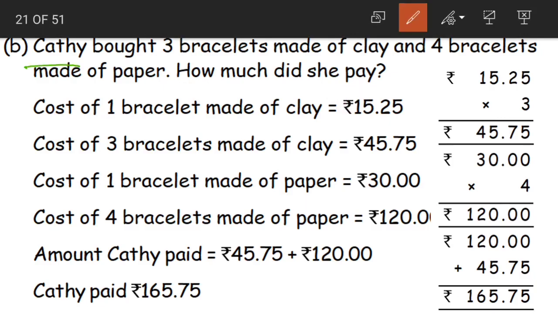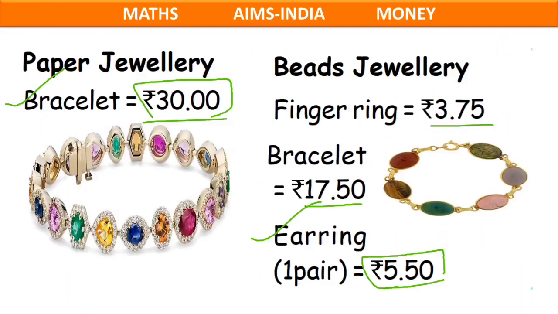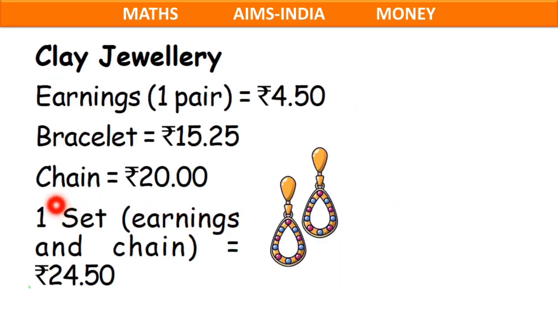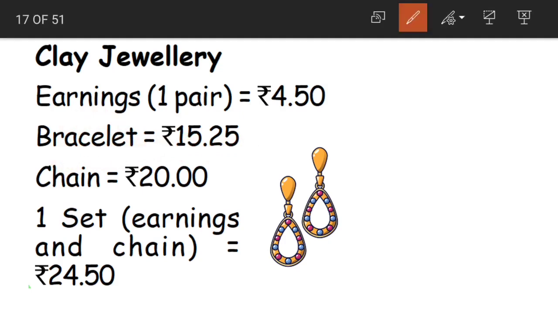What did Kathy do? Kathy bought 3 bracelets made of clay. Now if you look at the cost of items given here, we have the cost of 1 bracelet made of clay, but our Kathy purchased 3 bracelets made of clay. So how will we find out the cost of 3 bracelets, children?